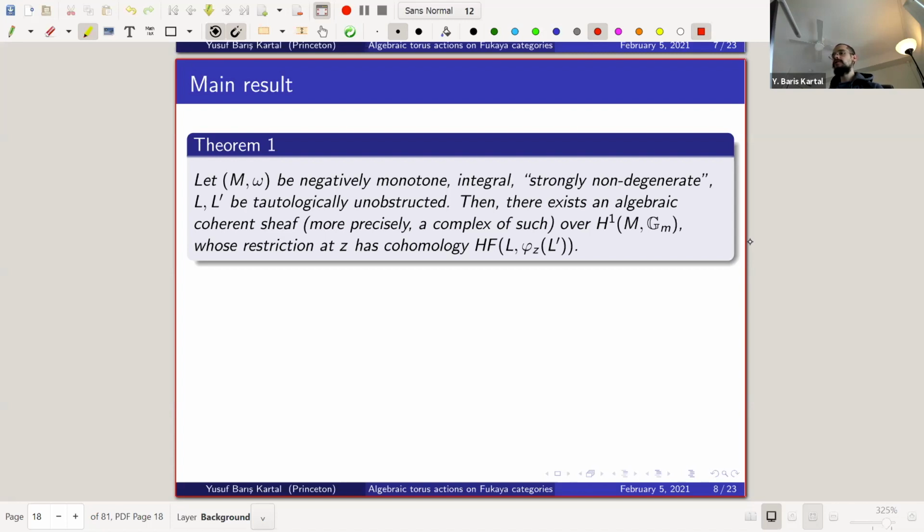They have well-defined Floer homology, etc. And then there exists an algebraic coherent sheaf, or more precisely, a complex of such, over the algebraic torus H1 MGM, whose restriction at Z has the cohomology given by this Floer homology group. Okay, so that's the main theorem. Any questions?